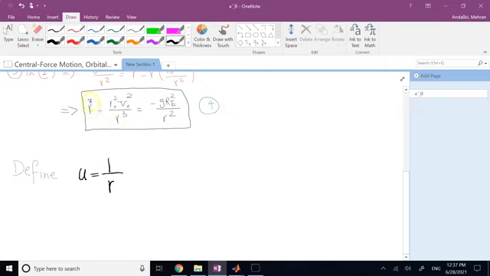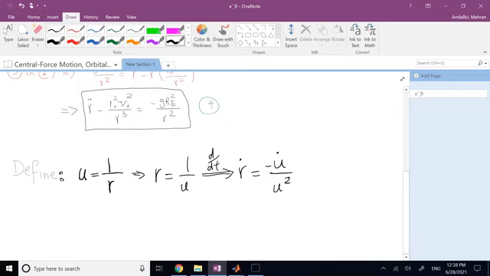Okay, so these two terms is going to be like U squared and U cubed. The thing is, what about this R double dot term? Okay, how can I convert that into a U term, or U dot, or U double dot term? So the first thing I do, I take a reciprocal. R becomes 1 over U. And now I take a time derivative from this. It is going to be R dot is equal to negative U dot over U squared, right?